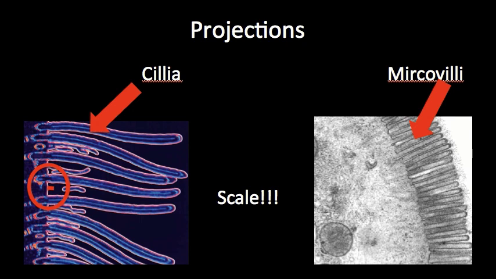Cilia have active proteins in their core that allow them to wave, and this allows you to move things across the surface or allows the cell to swim along using these cilia in the external environment. So these are projections from cellular membrane.